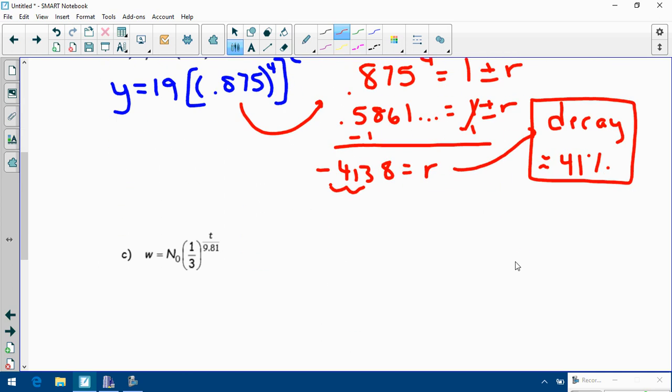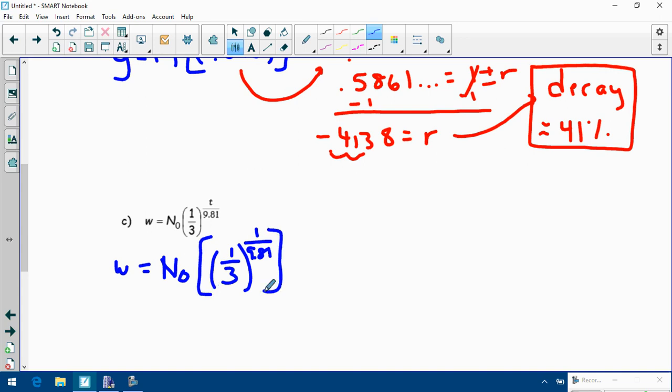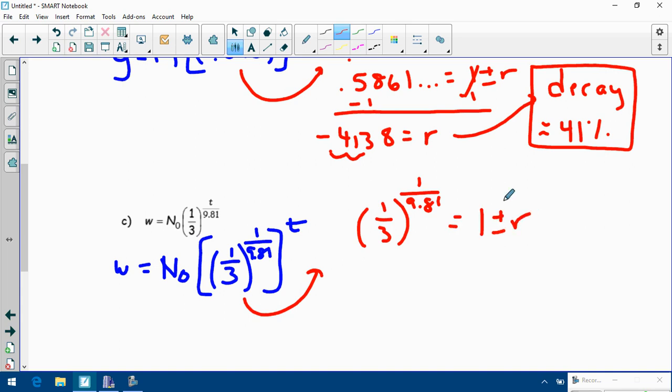Okay, and then finally, the last one. This one looks kind of crazy, huh? We did one like it earlier. So we've got W equals N sub 0 times, what's being raised to the t? 1/3 to the 1 over 9.81. All of that's being raised to the t. So set 1/3 to the 1 over 9.81 equal to 1 plus or minus r.